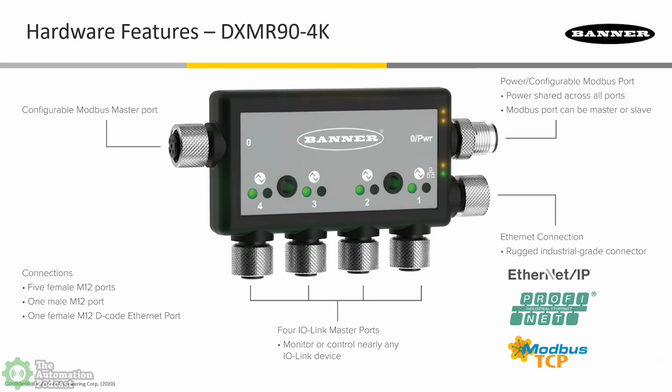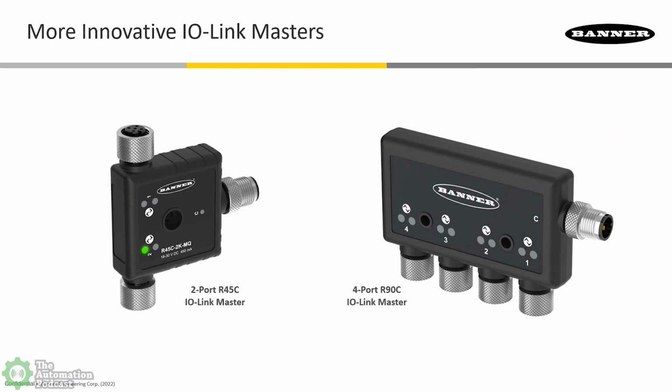In addition to that, with the Modbus RTU port that I was talking about before, we also have these two IO-Link masters that you see right here, the 2-port and 4-port, and these actually have Modbus RTU coming out. So you could connect these two IO-Link masters on that 5th Modbus port.